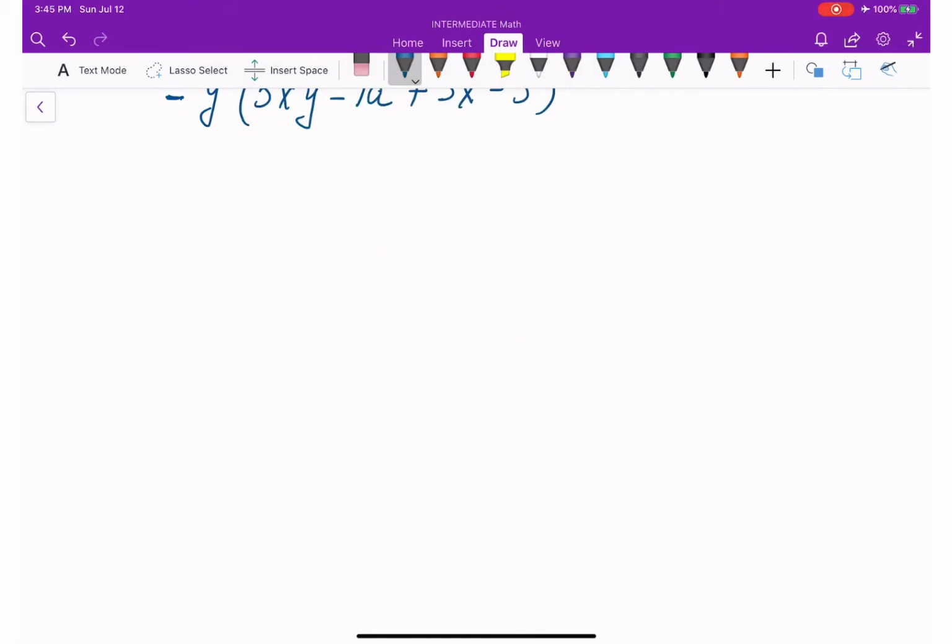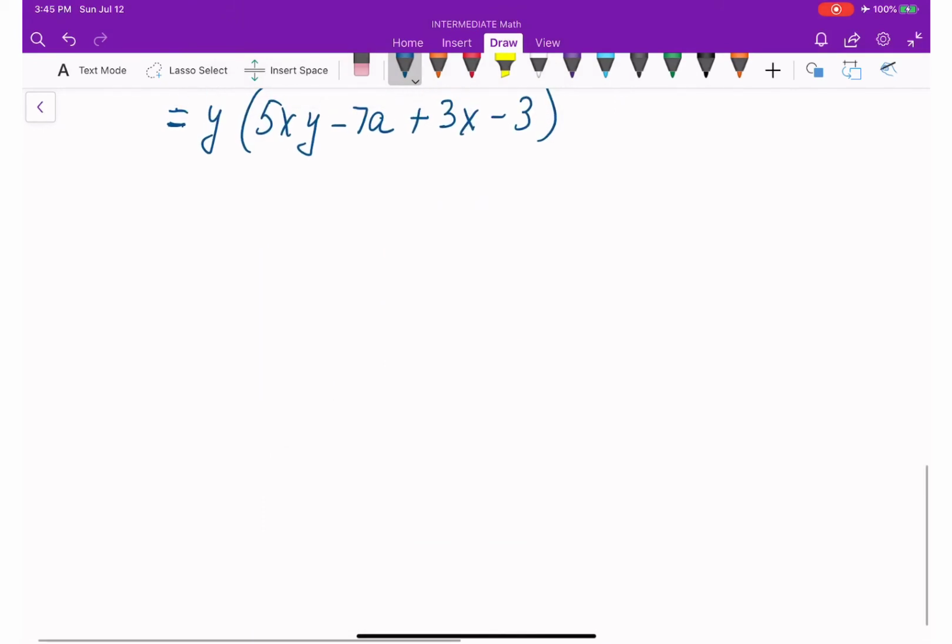2x^4y^3 plus 10x^3y^3. Okay, between 2 and 10, 2 is going to be the common factor.